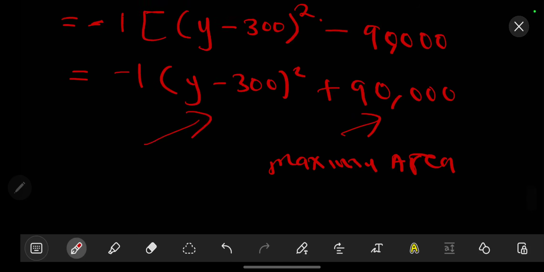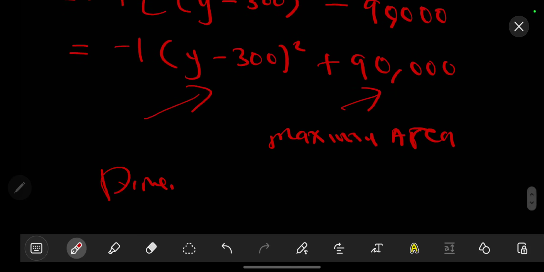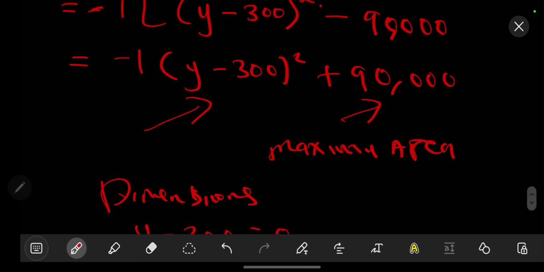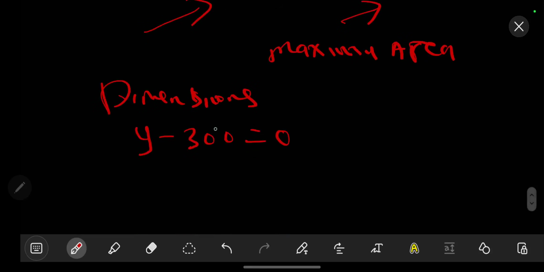To find the dimensions, we get y minus 300 equal to 0. Whether you put squared or not, as long as you are equating to 0, it will cancel. Take the 300 to the other side, y is equal to 300.